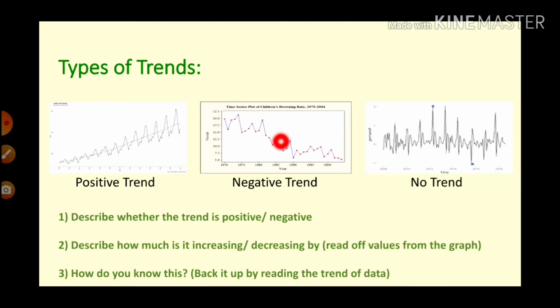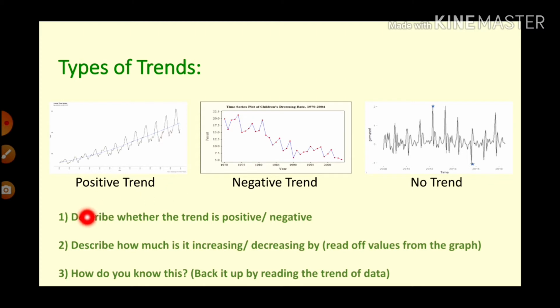It's going down from left to right. Looking at the linear equation, if it's going down, the gradient is negative, so we can say this is a negative trend. Whereas this one is just a horizontal trend: no positive, no negative, nothing really changes, so no trend.